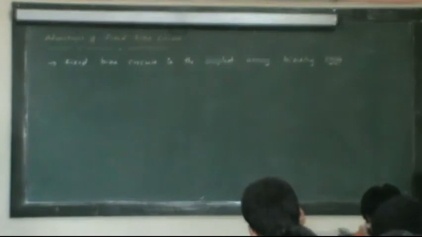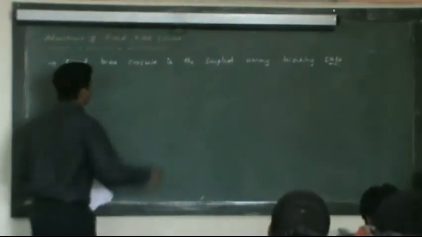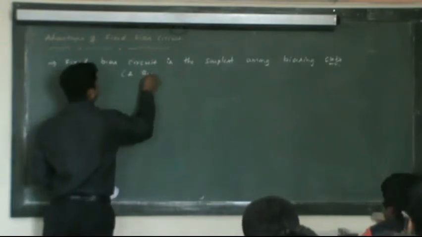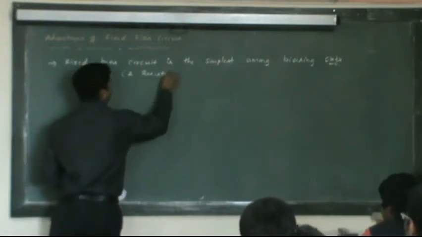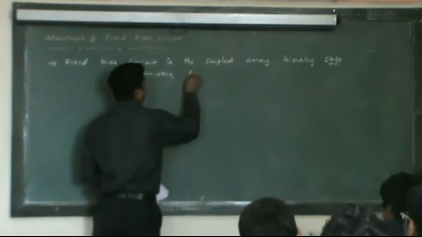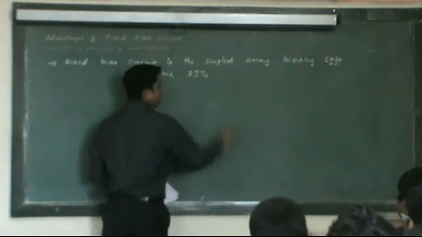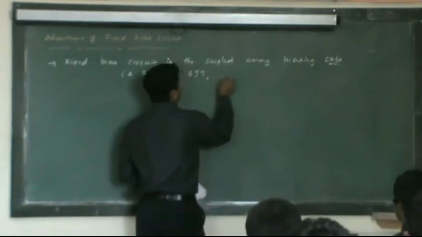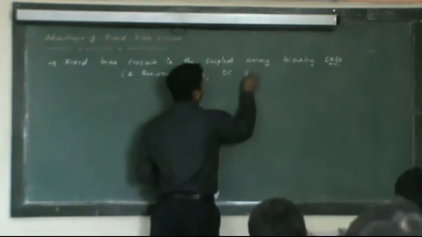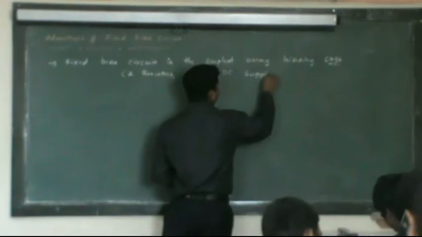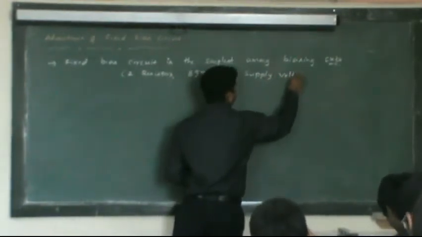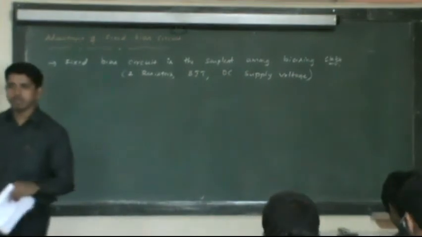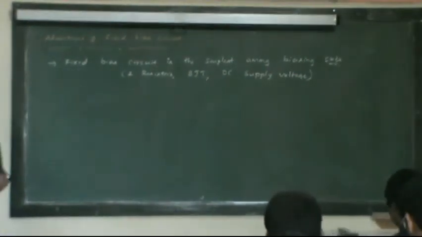You can give the reason here why it is the simplest, because it uses just two resistors. Along with that, we need one BJT, NPN or PNP. One BJT is enough, and apart from that, we need a DC supply voltage. This one DC supply voltage is enough to construct a fixed bias circuit.